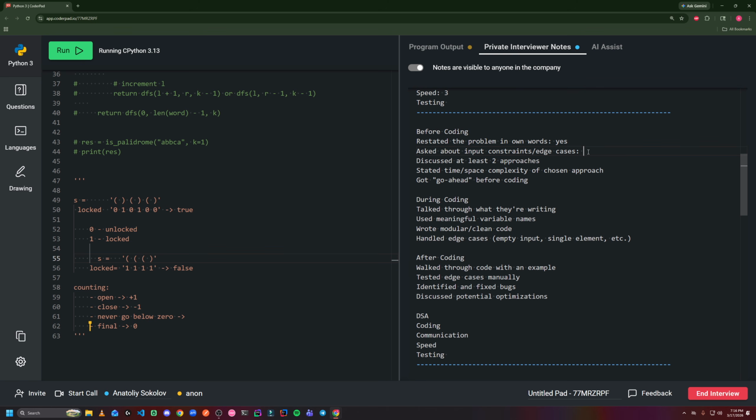So I'm trying to think about how the locking logic affects this, or whether we can still use this. One observation is that an unlocked paren basically enables us to choose between these two. If we have a 0, we can pick either an open or a close to go in this location.